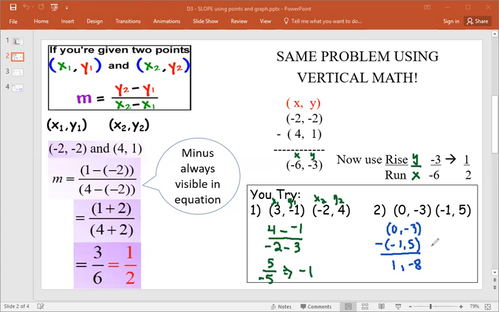Okay, and now I need to do rise over run. So that would be negative 8 over 1, which is the same as negative 8. And once again, we end up with a whole number this time. So with our formulas, we have a choice whether we do the regular formula or whether we do the formula vertically.